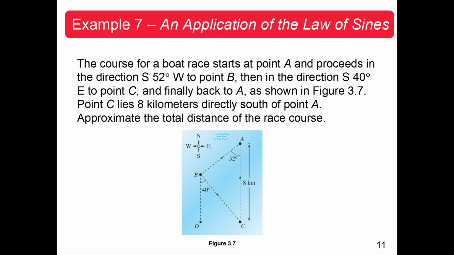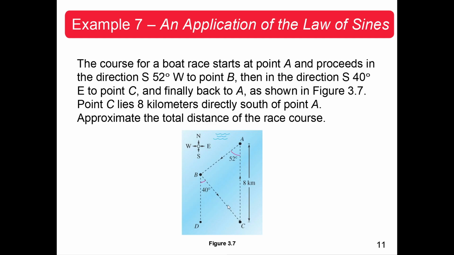Imagine that the segment from B to C is a transversal cutting 2 parallel lines, B to D and A to C. One of the things we know about transversals and parallel lines is that angle DBC is going to be congruent to angle BCA. So if this is 40 degrees, this is also 40 degrees.